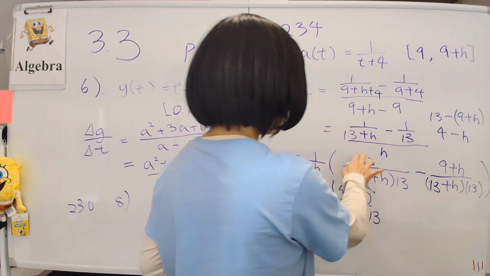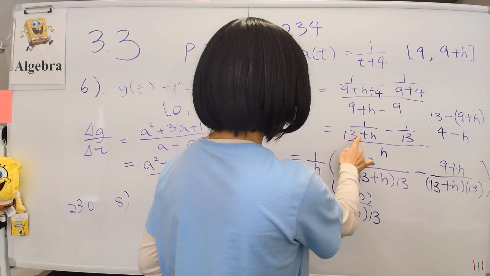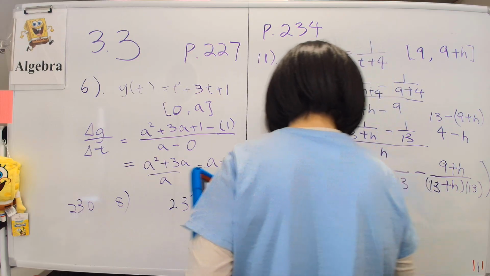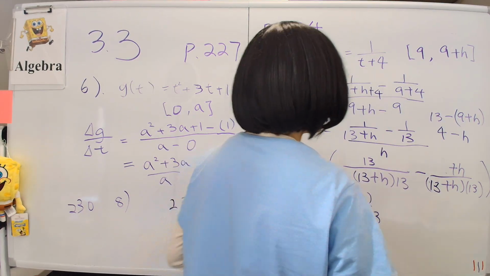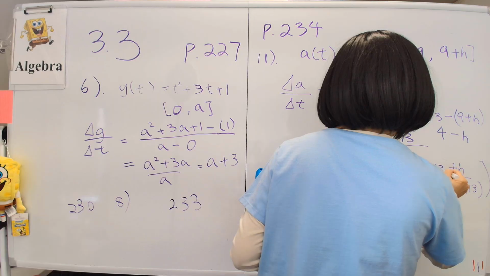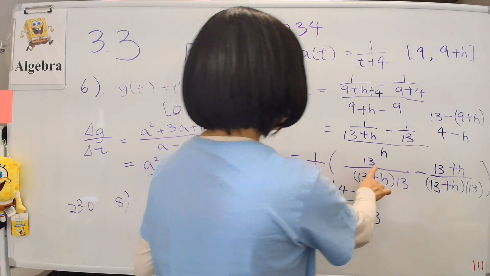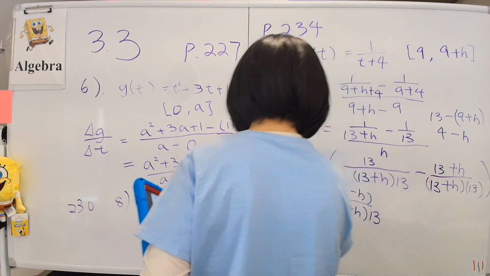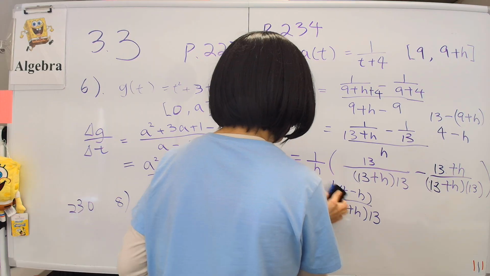And the stuff on top might also change. I think that is 13, so that cancels to be 13 plus h. And this should say 13 plus h on top. All right, so here is 13, and that becomes 13 minus 13 plus h, so we have only an h on top.